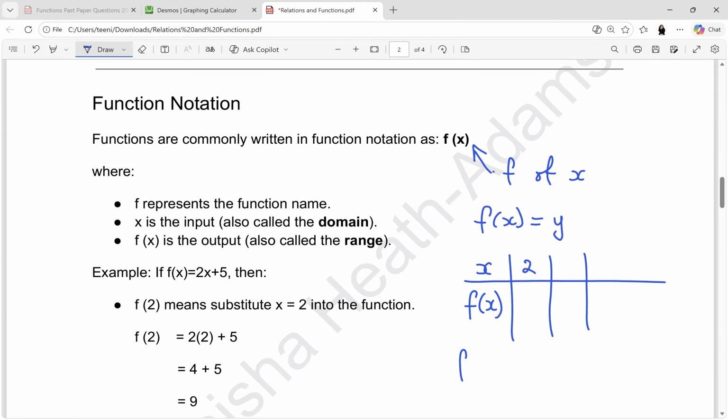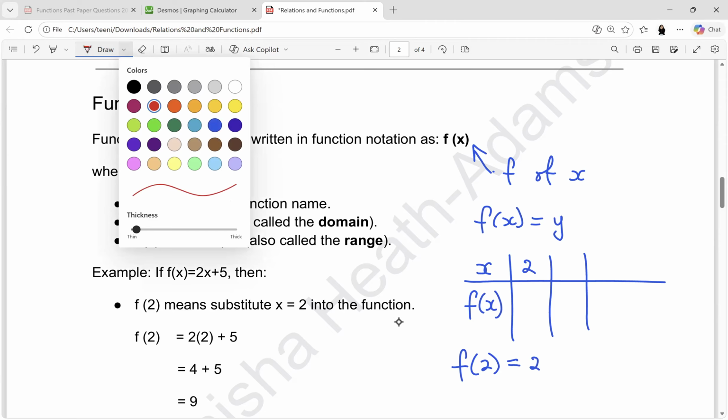That means I need to substitute x is equal to 2 into the relation 2x plus 5. So wherever I have x in the function, I will replace it with 2.